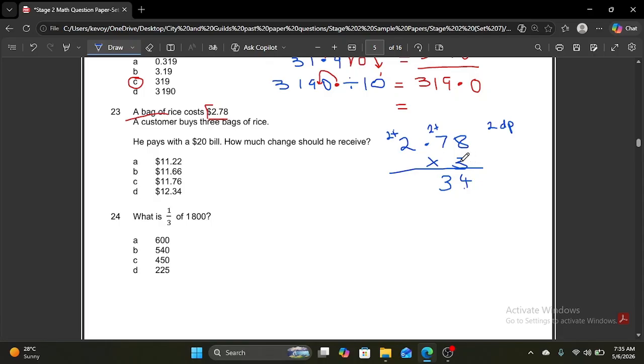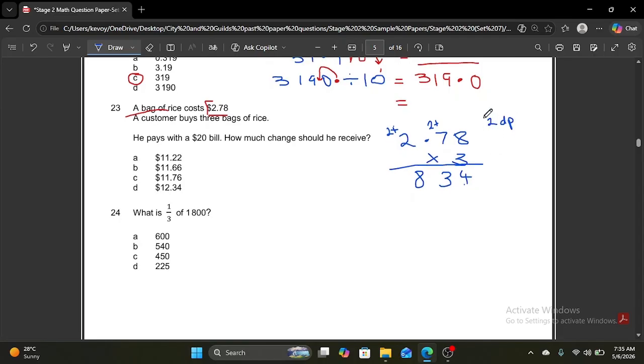Alright, now we multiply 3 times 2. 3 times 2 is 6, plus 2, that is 8. And as I said before, the number should have the same amount of decimal places as the decimal number we're multiplying.